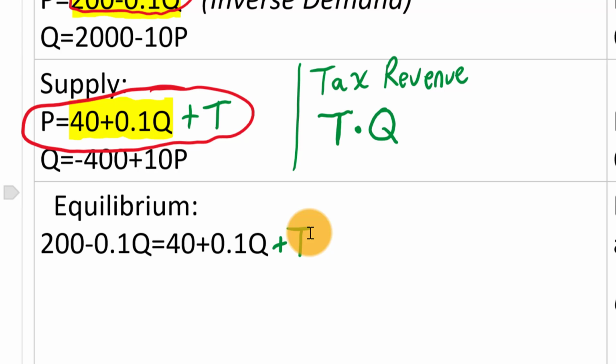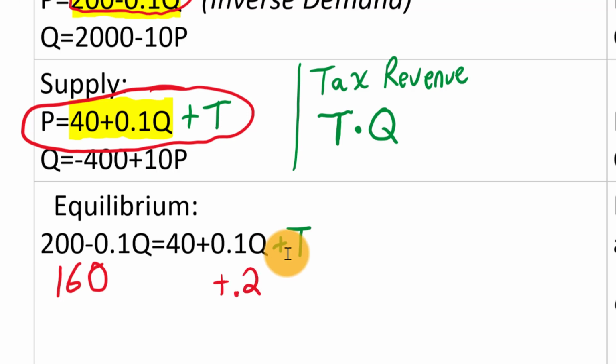We want to do kind of the same thing we did before, right? We want to subtract 40 from both sides, and we want to end up with 160 over here. And then we want to add 0.1 Q to both sides. And so we're going to end up with plus 0.2 Q on the right-hand side. And now we've got this extra term T. Now, if we're solving this for Q, let's go ahead and subtract T from both sides.